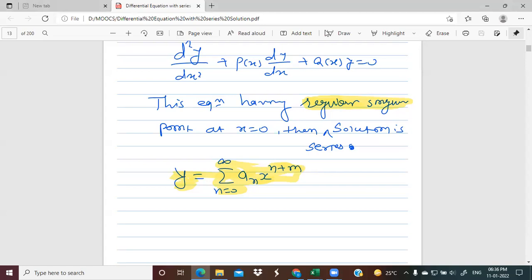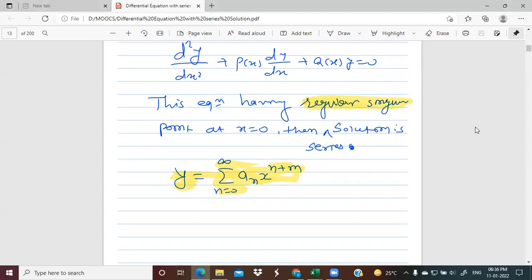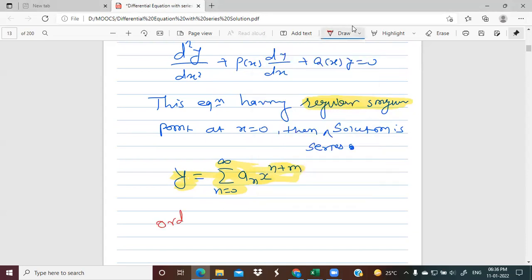Hello friends, till now we know how to find the ordinary solution. Now, ordinary point and singular point.